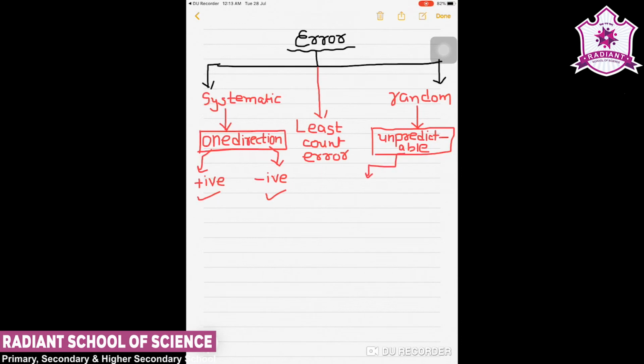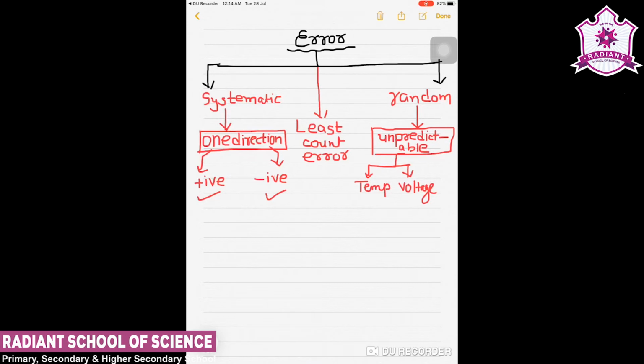We can say random fluctuation in temperature, or if we are taking any electricity experiment then voltage, or some vibrations due to the experimental setup.